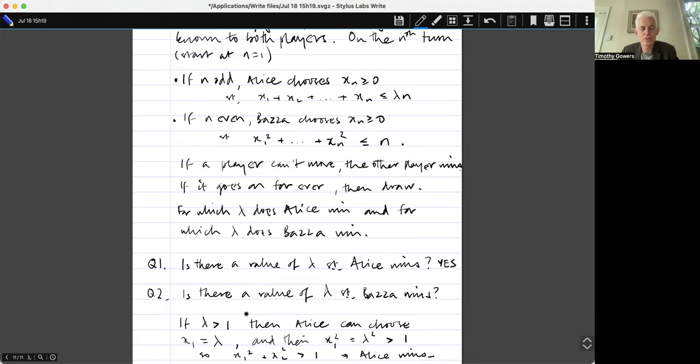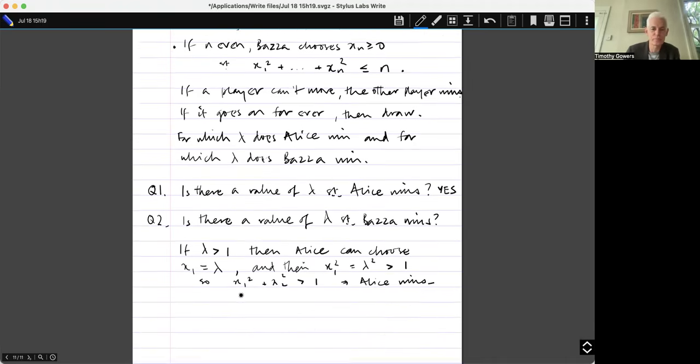In fact, it seems rather natural, since I got lambda greater than 1, to think about what happens when lambda equals 1. So let's say who wins, if anyone, because it could be a draw. What happens if lambda equals 1?